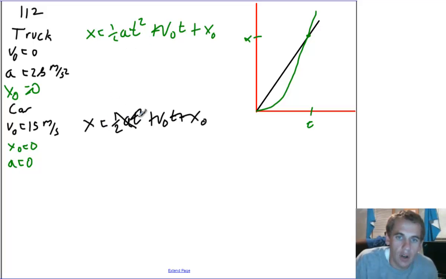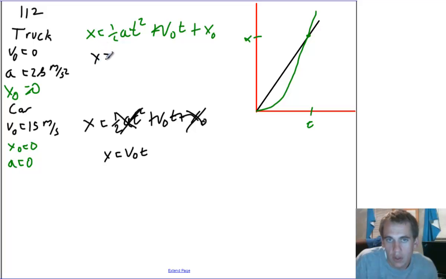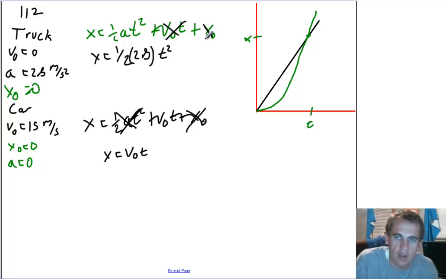Okay? Well, I know the acceleration of the car is 0, so that whole term is gone. I know it started at 0, so that term is gone. So I know x here equals v naught t. Up here, I know x equals 1/2 times 2.5 times t squared, but this term is 0 and this term is 0.